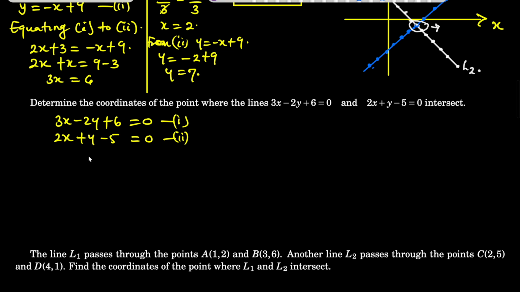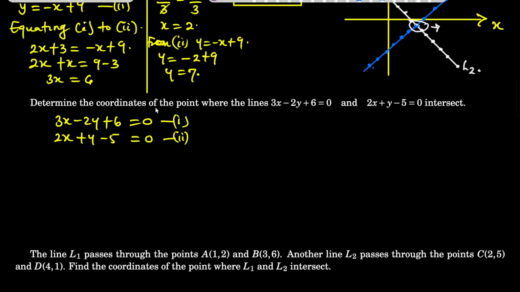Let me refine it for you a bit before I skip to the next example. I want to use the substitution method, for instance. I want y on one side, and x and the other terms on the other side.